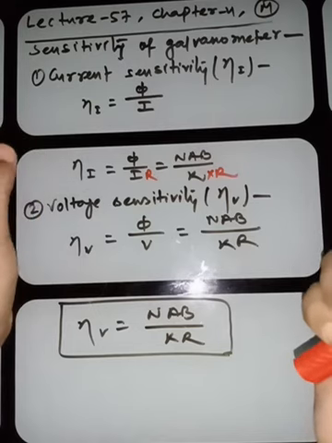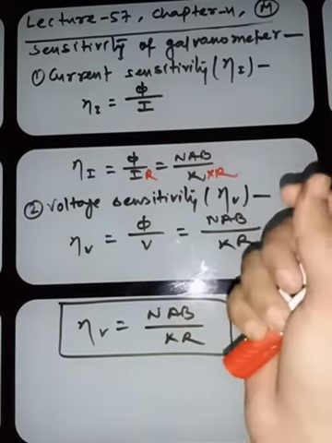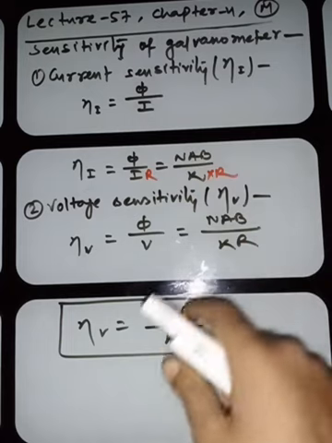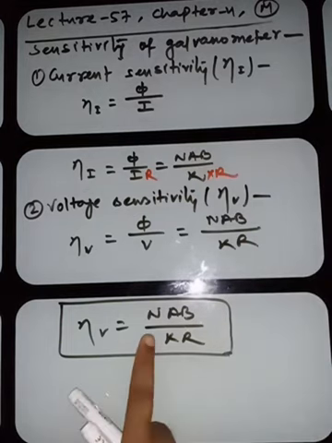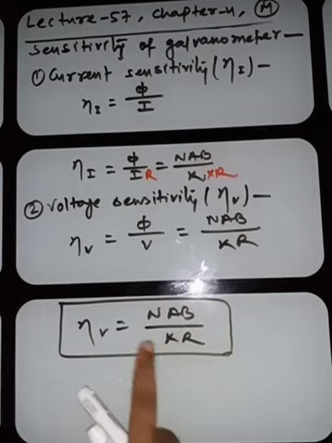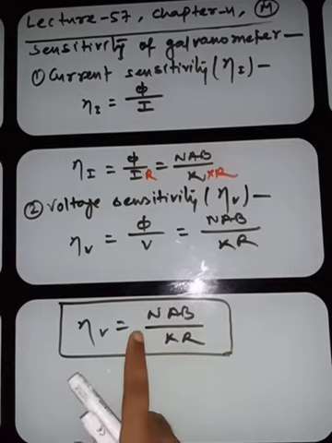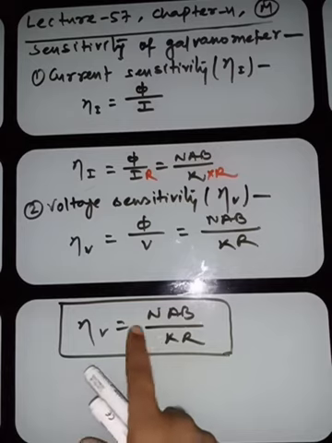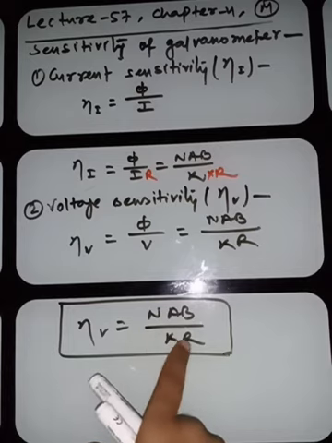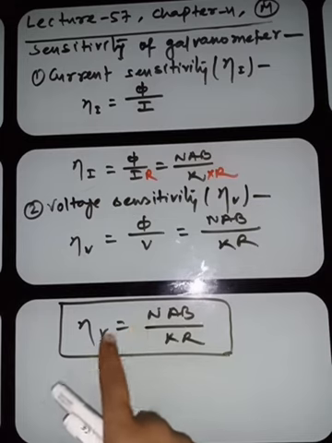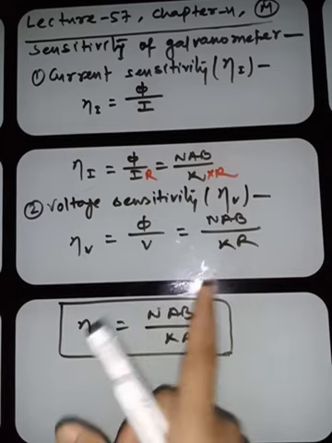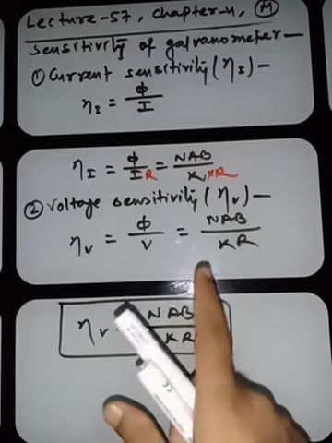And this is one of the very important questions of the board. Why? Then you have to give the explanation: the voltage sensitivity contains N and R, and as you increase the number of turns, resistance will also increase, and as a result there will be no effect on the voltage sensitivity. It means changing the current sensitivity does not necessarily change the voltage sensitivity.